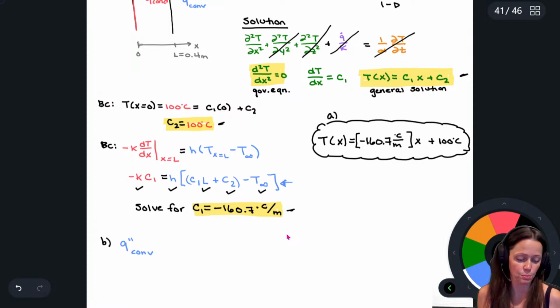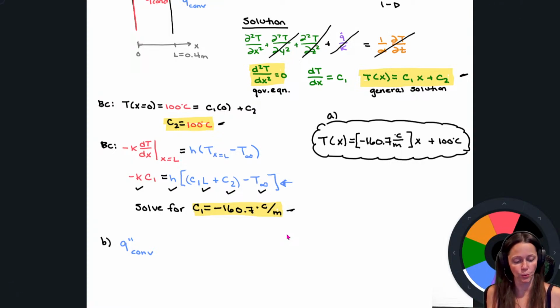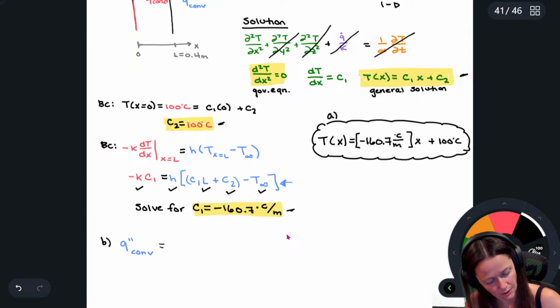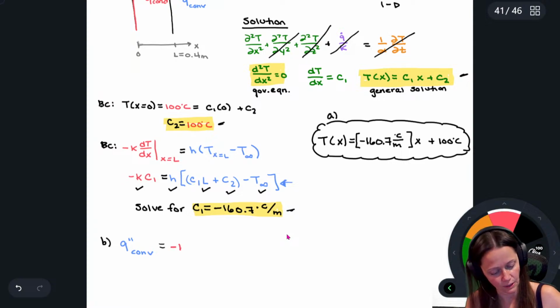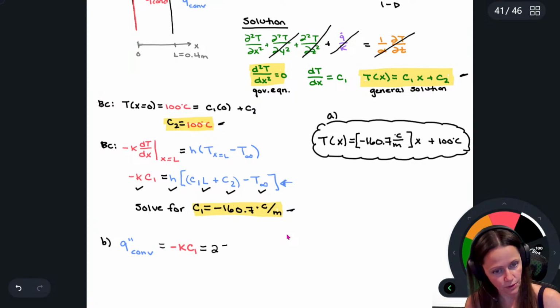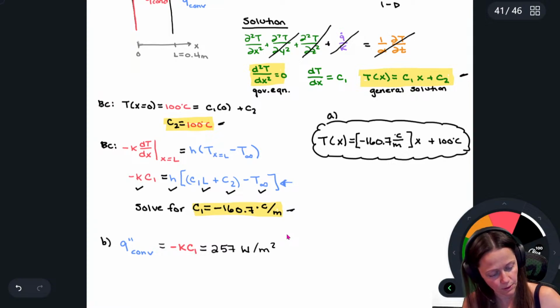I could either evaluate the right-hand side of that equation or the left-hand side, and I think the left-hand side is actually a little bit easier, because this would be just negative k times C1. I end up getting 257 watts per meter squared.